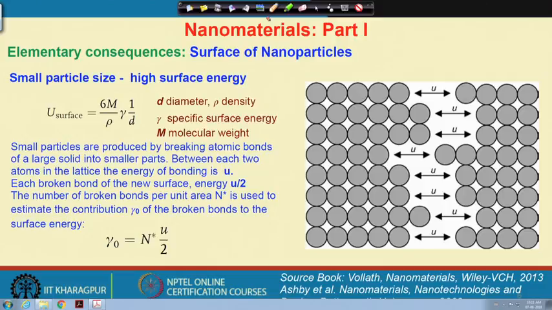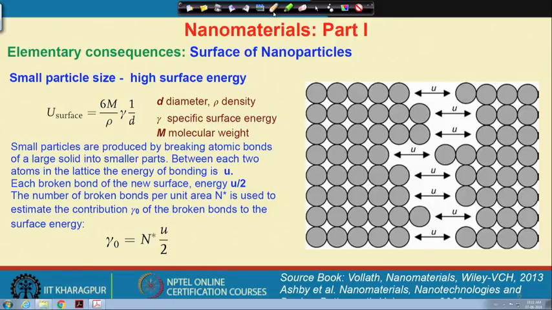Each and every time I break a larger particle, I have to create a surface, and to create a surface I have to break the atomic bonds. Each atomic bond is related with some energy, and that is one of the very elementary consequences. So, let us have a look at this diagram.